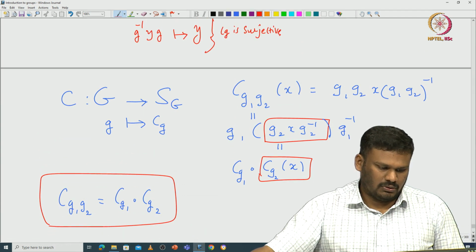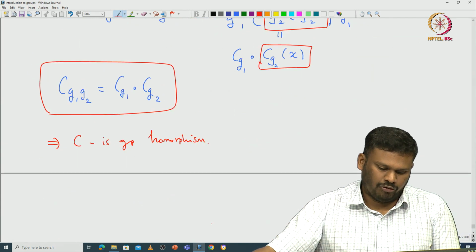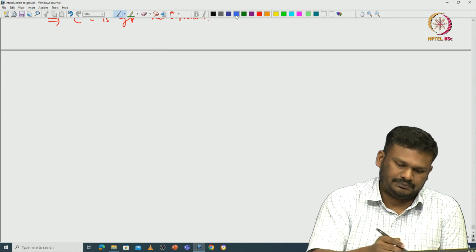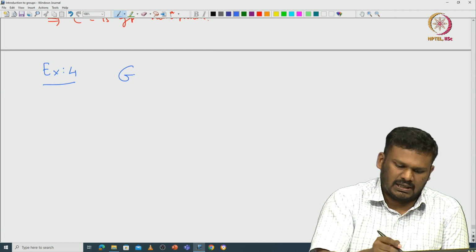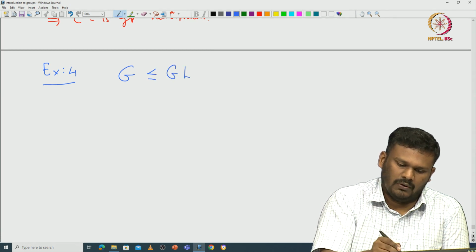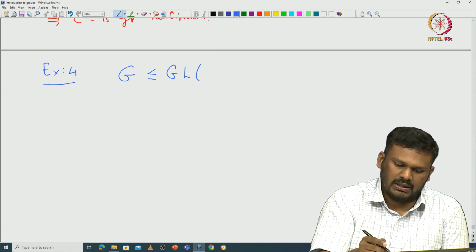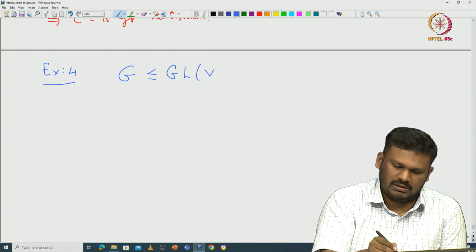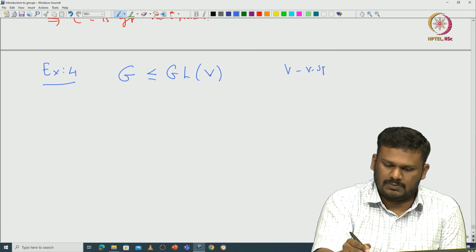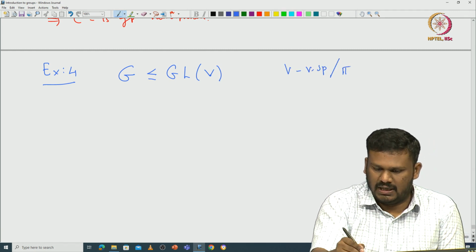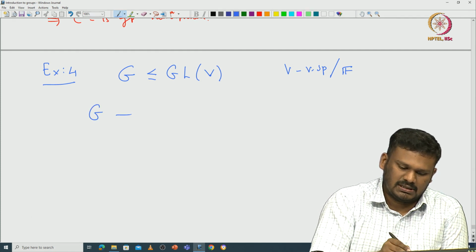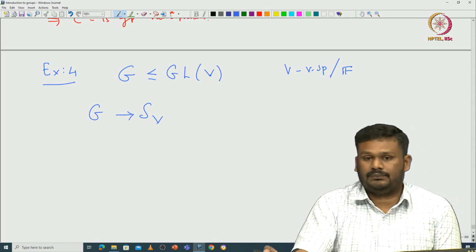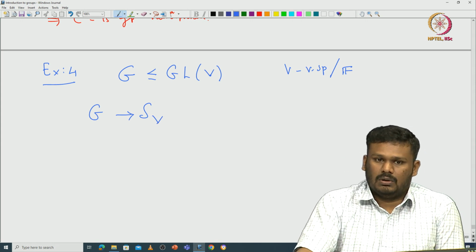So, example 4 is going to be just the thing that you have seen in linear algebra. Suppose you start with the group G, which is a subgroup of, let us say, GL of some vector space or the Euclidean space, whatever you can fix. Let us say V is a vector space over some field F. Then naturally G is acting on this capital V. How does it act?